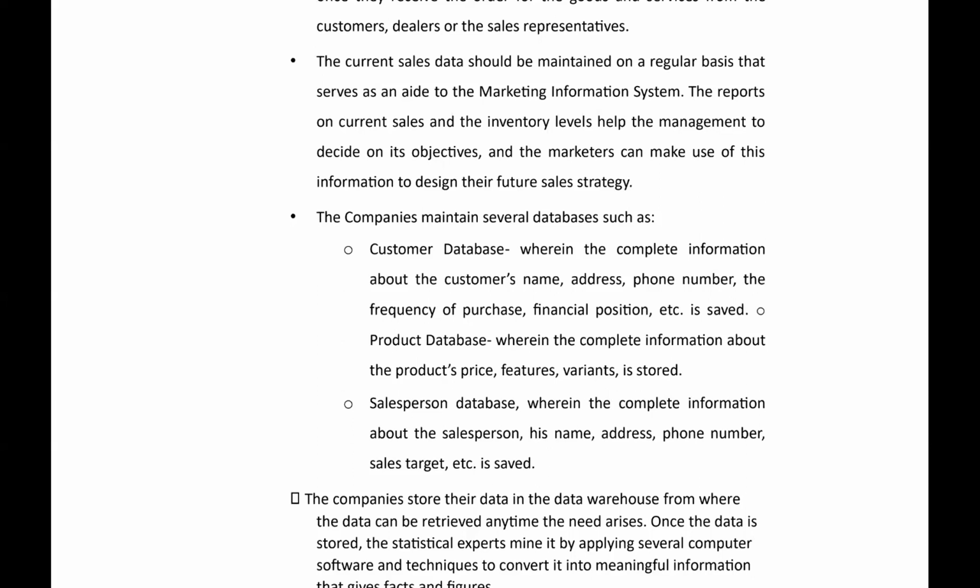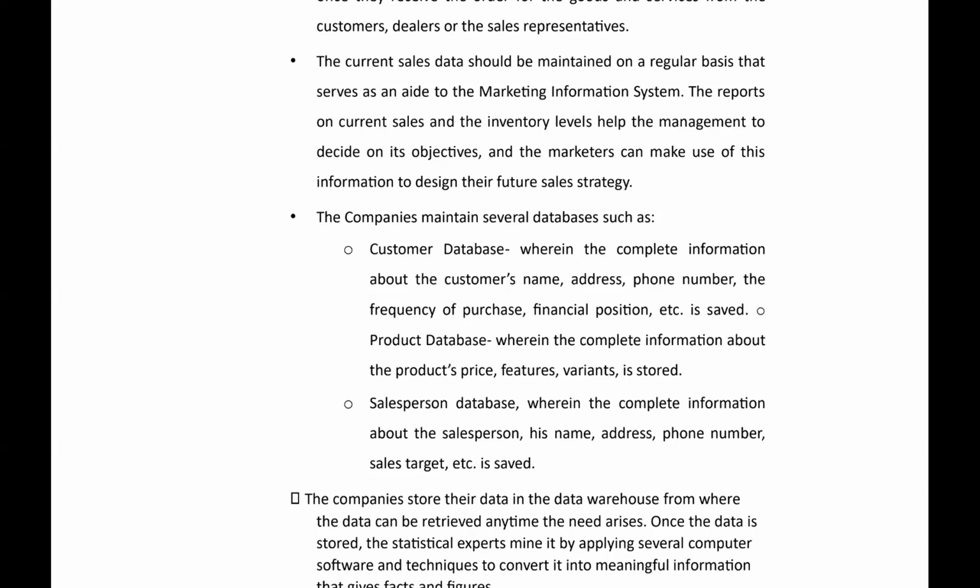Several databases, right? For example, they maintain a customer database. This is where the complete information about the customer's name, address, phone number, the frequency of purchases, and the financial position is saved.